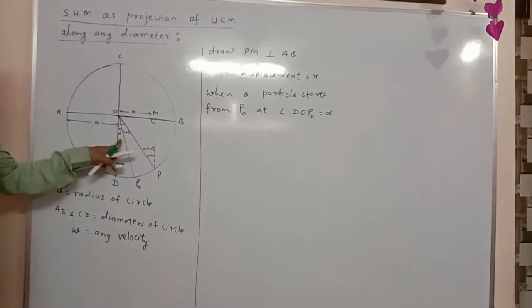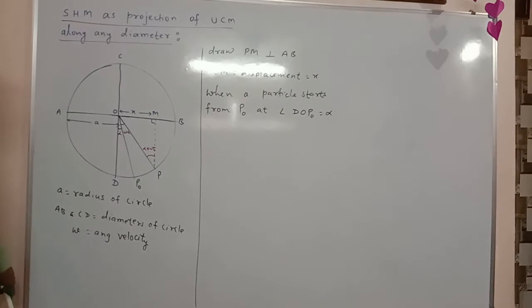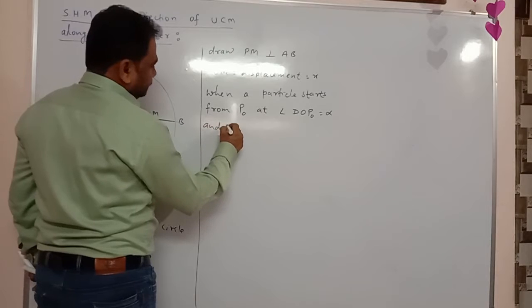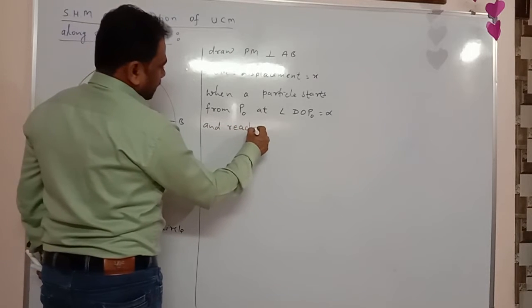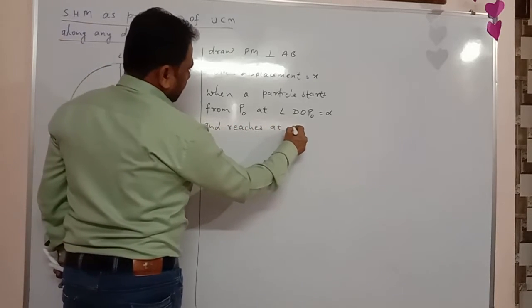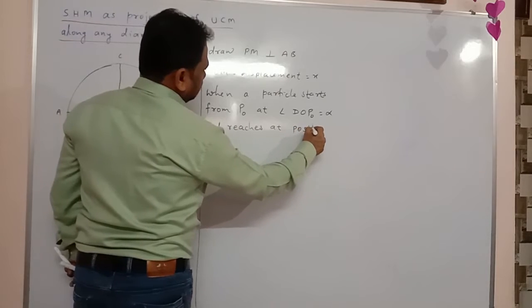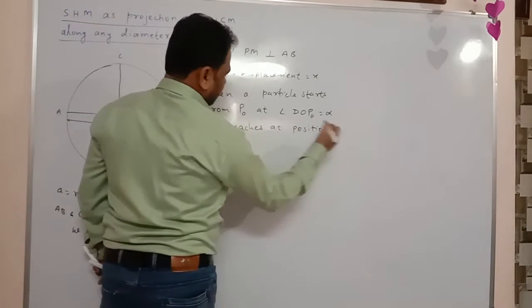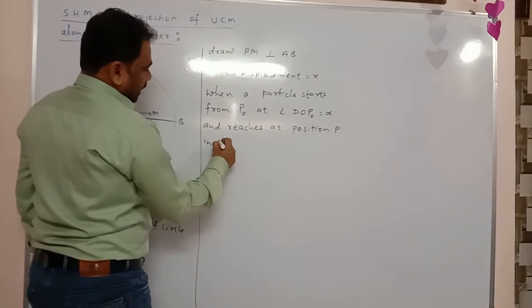So alpha is the angle of inclination we are considering here, and the particle reaches position P in a time t.